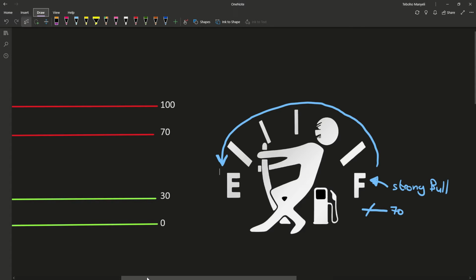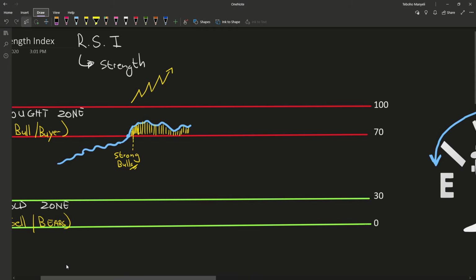So how do they lose their energy on the RSI? So basically what we're waiting for is for the RSI to then move below the 70 area. Okay, at this point here, we are then faced with our first strong seller, because if you have a strong bull, it's only going to take a strong seller or a strong bear to move that RSI out of its strength zone.